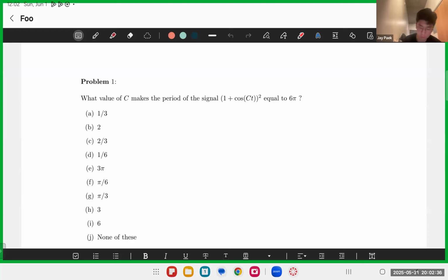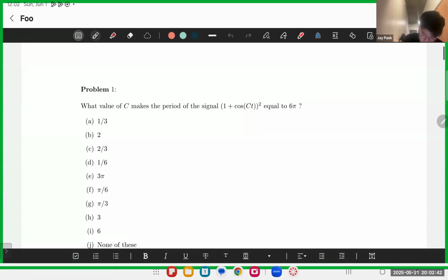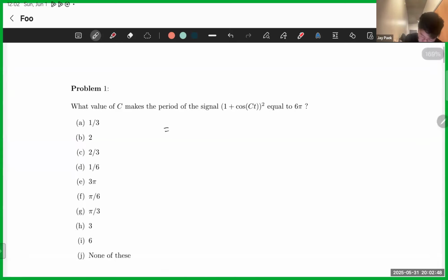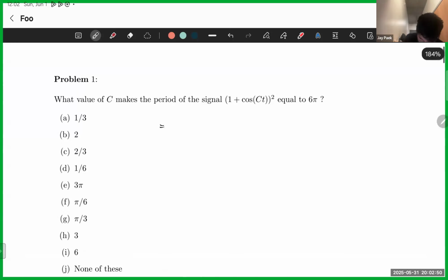For this initial question, maybe it's easier to expand. So my first thought is to expand this to its full form, as such.